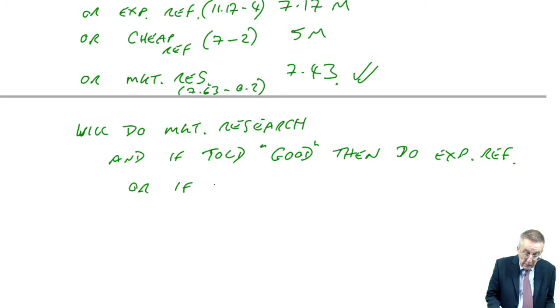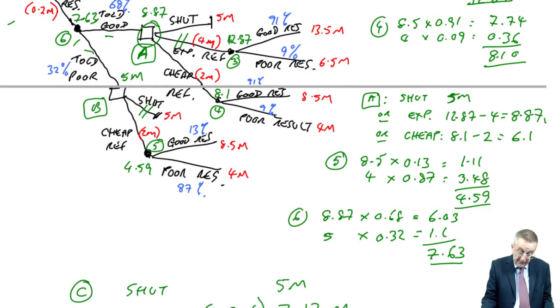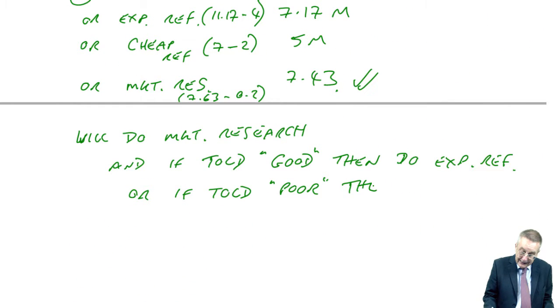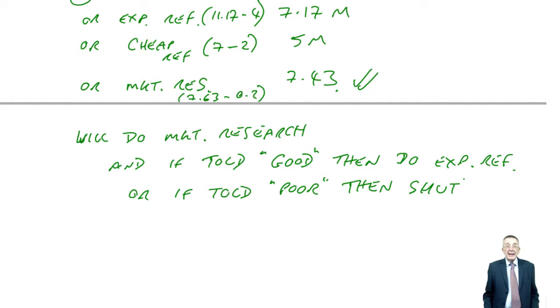Or, if told poor, what will we do? We decide to shut. So there's the full answer: the decision we make now, together with any future decisions.